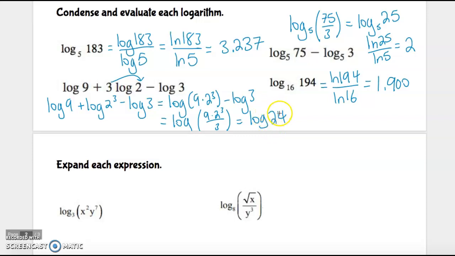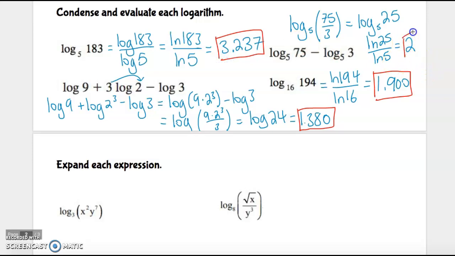So in your calculator, you can just hit LOG and then the number 24, and you'll get 1.380. That was my final answer for that one. Okay, as long as you followed my instructions in the videos as you went, it should be okay.